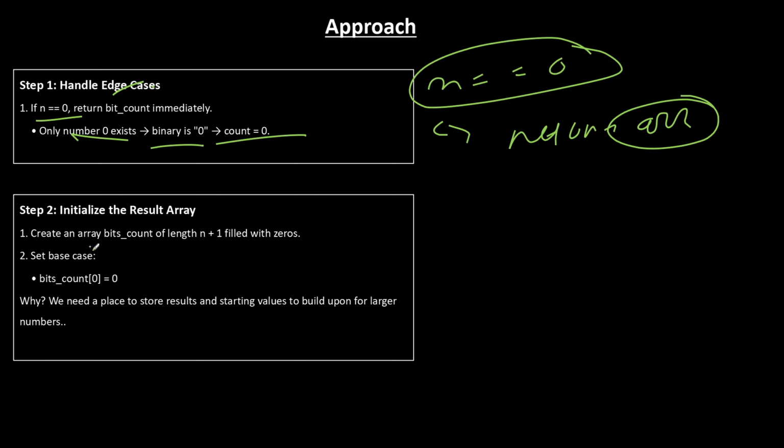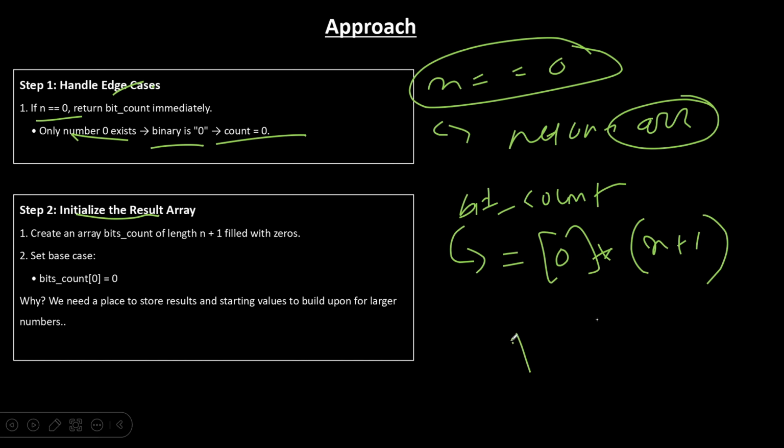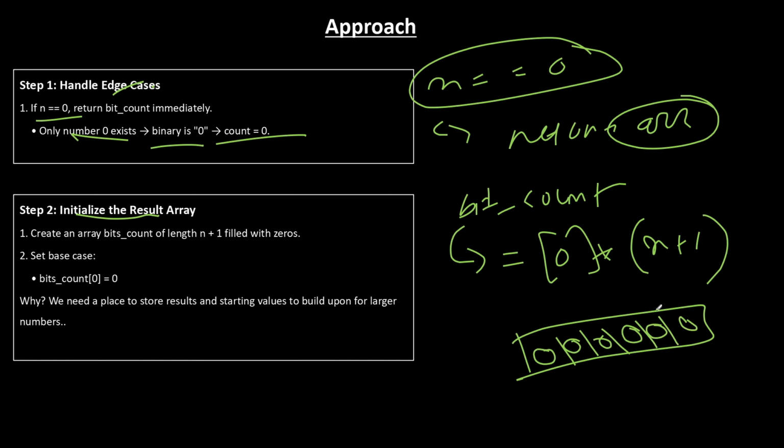Definitely correct. Now initialize the result count. We will initialize the bit count array as 0 filled, n plus 1 times. So the bit count will already have 0 within it, right? This is how it will work.